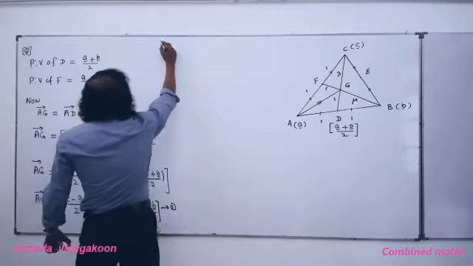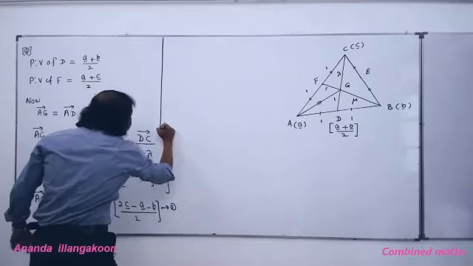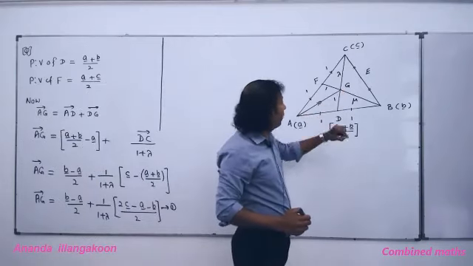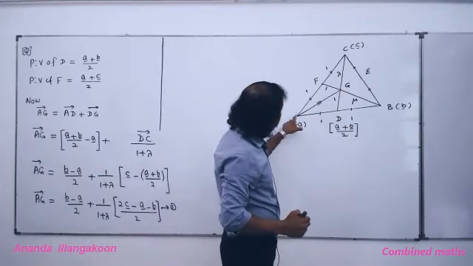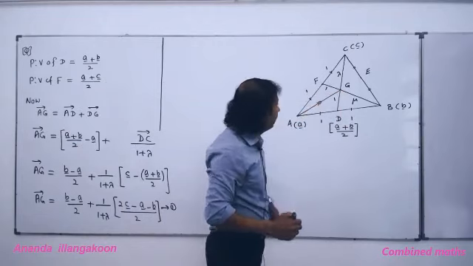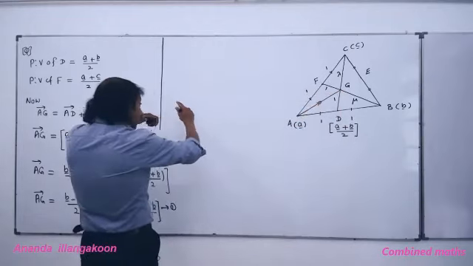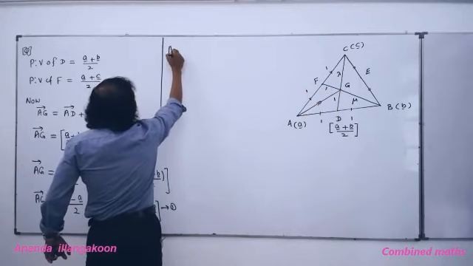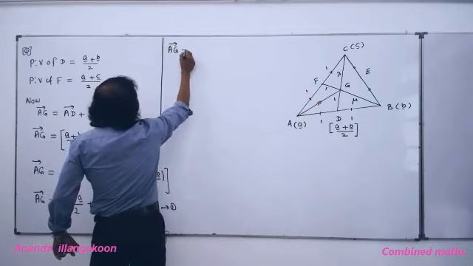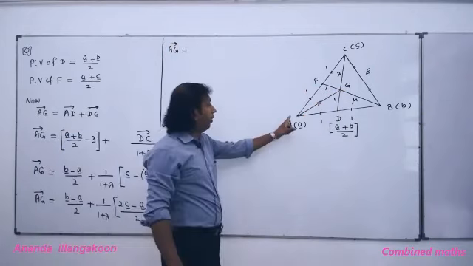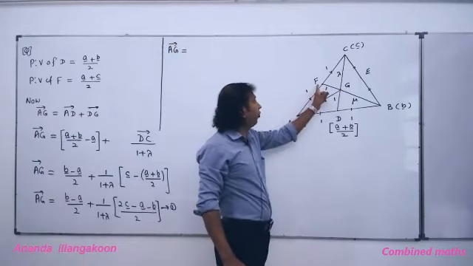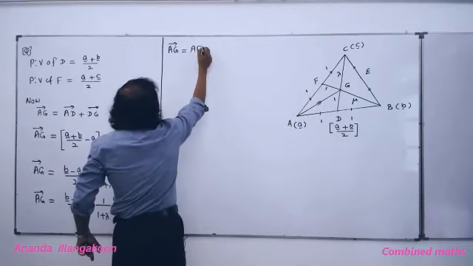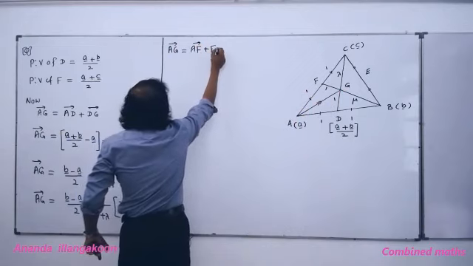Now secondly, we are supposed to take the same AG vector this way. I am going to write the AG vector in the second form like this: AF plus FG, AF vector plus FG vector.